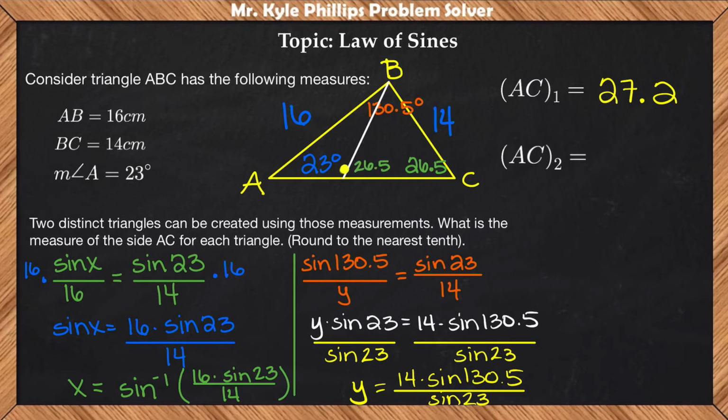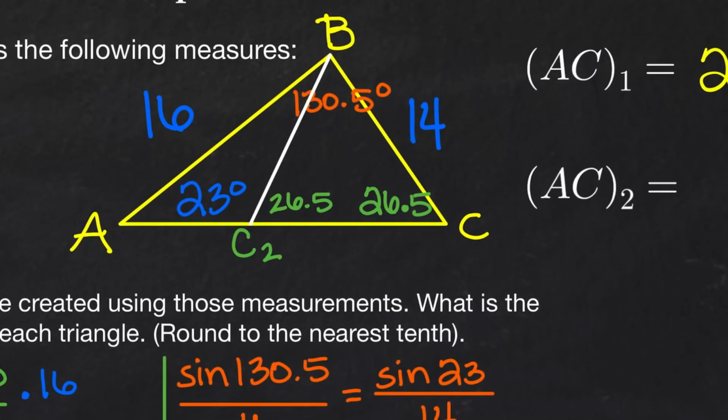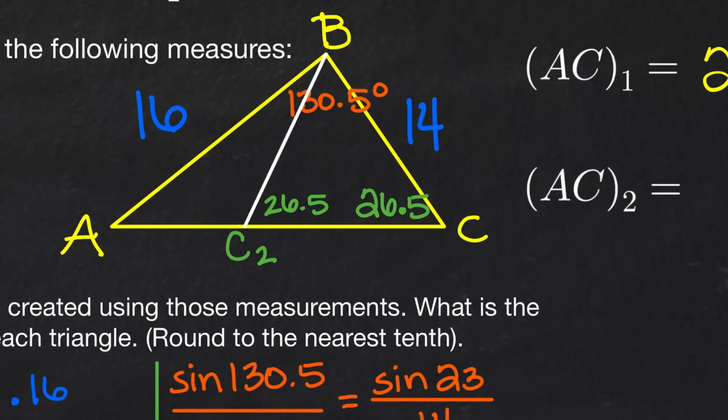And now I can find this obtuse angle and the measure of B2. Finding the measure of B2 will help me find this AC2. So we'll put right here that this is actually C2. All right, and we're going to zoom in so that we can see this just a little bit better. So I'll say 180 minus 26.5, and that gives me 153.5.